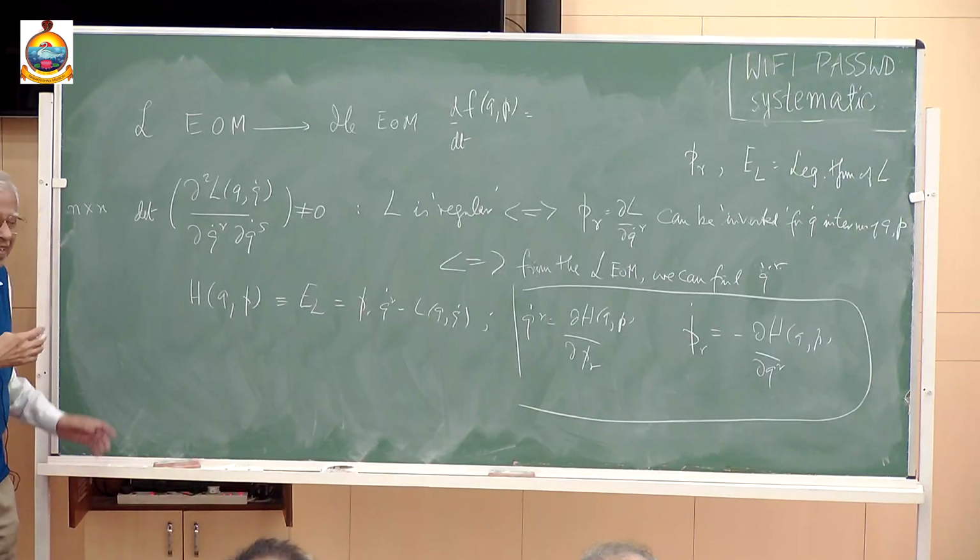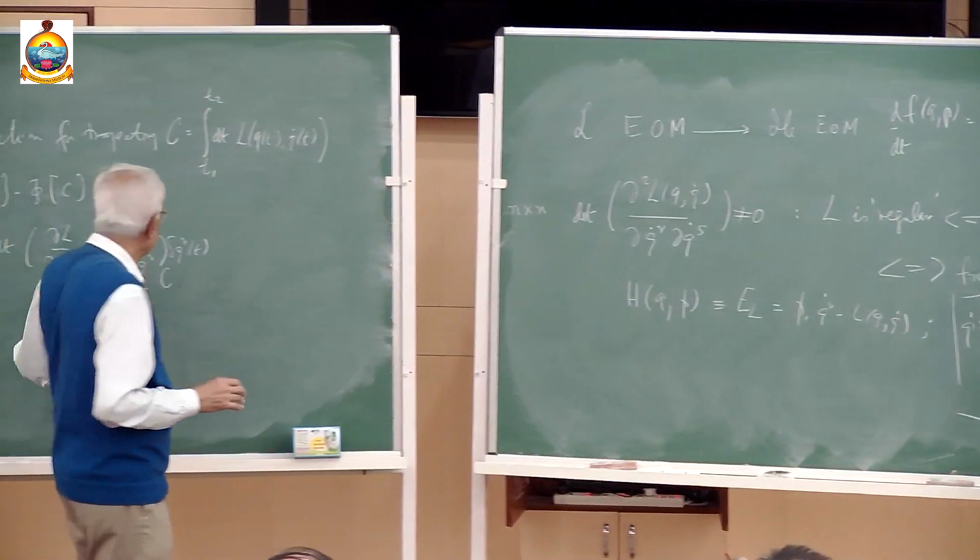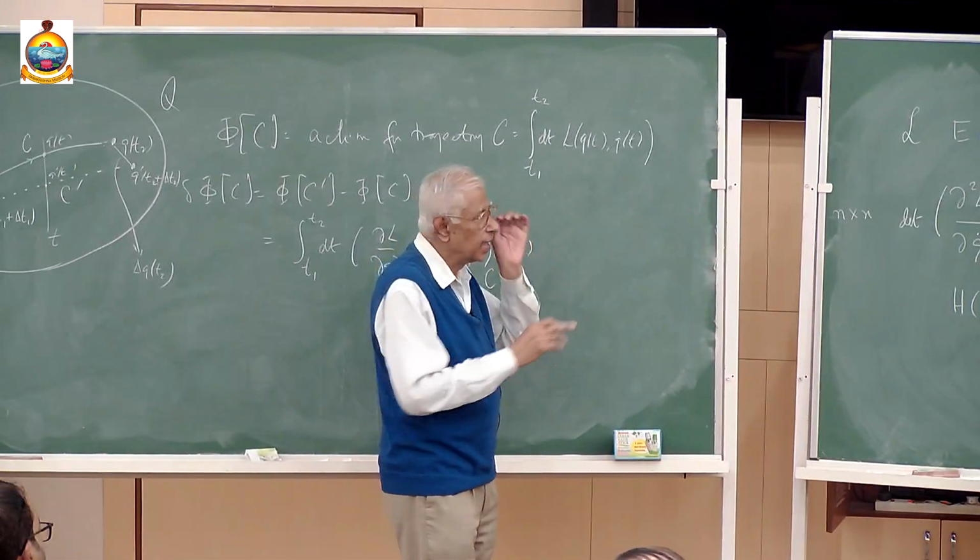Now, this is not something that is very natural in the Lagrangian description. Suppose you started with a function of q and q dot. What is its equation of motion? It can be worked out, but it is not a very natural operation.